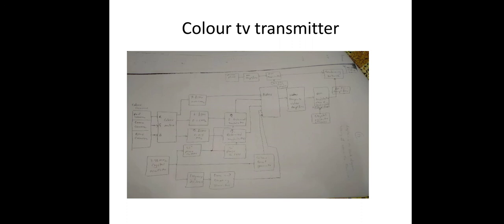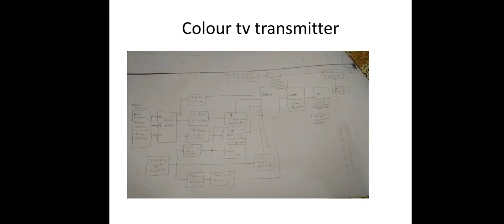These three camera tubes produce red, green and blue video signals. These symbols Y, I and Q are the outputs of the color matrix.